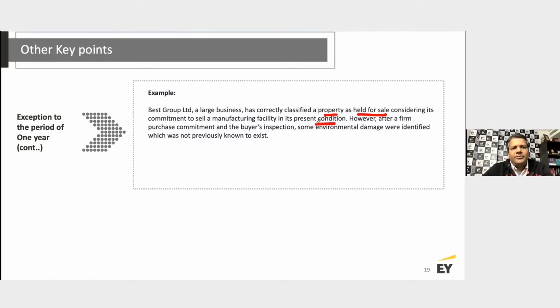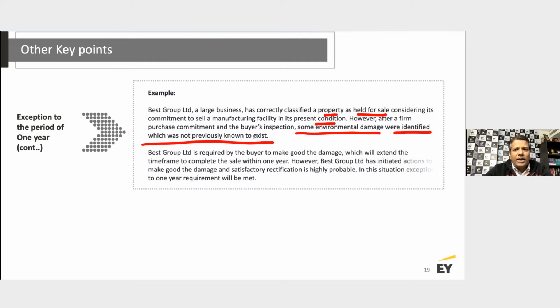However, after a firm purchase commitment and the buyer's inspection, some environmental damage was identified, which was not previously known to exist. Now I am required by the buyer to make good the damage, which will extend the time frame to complete the sale beyond 1 year.